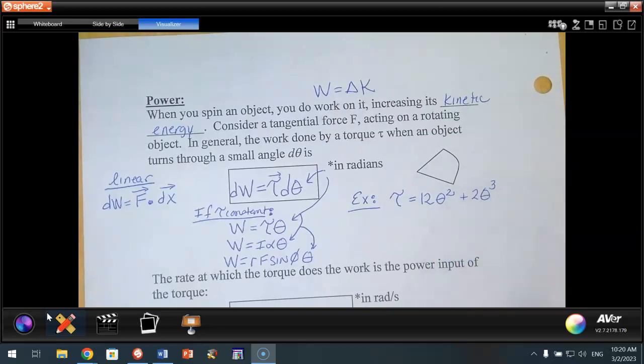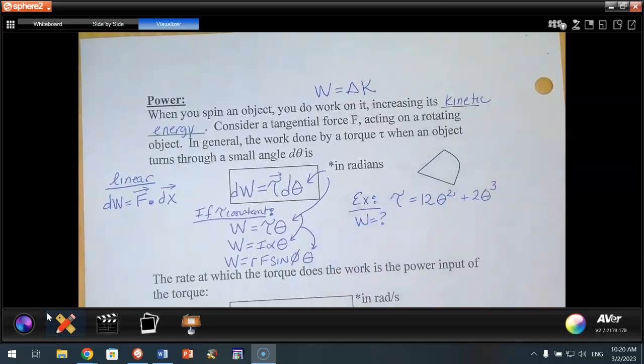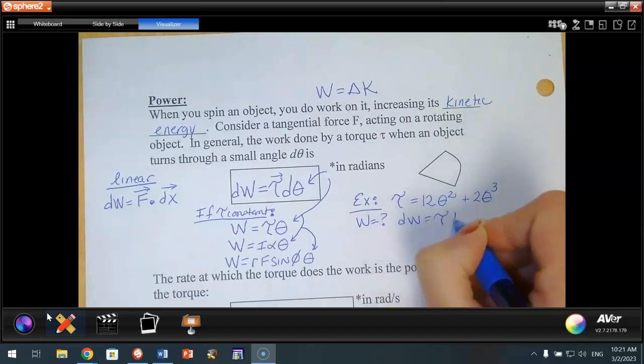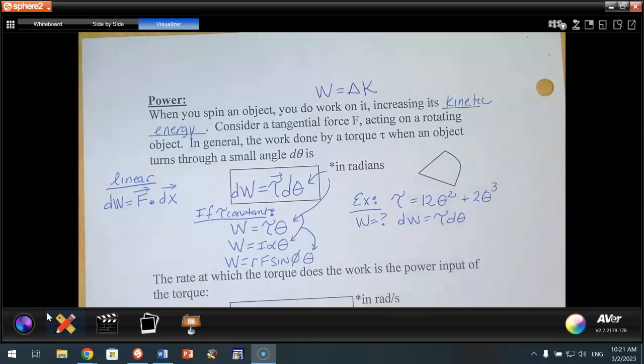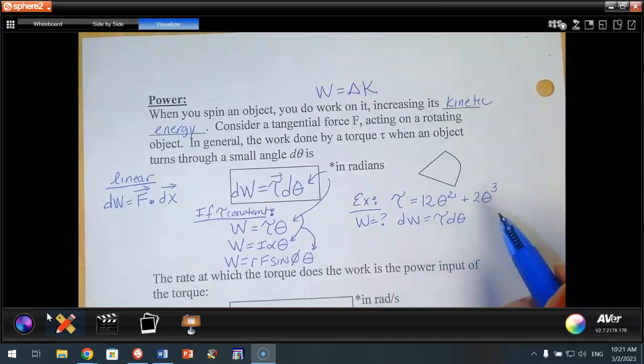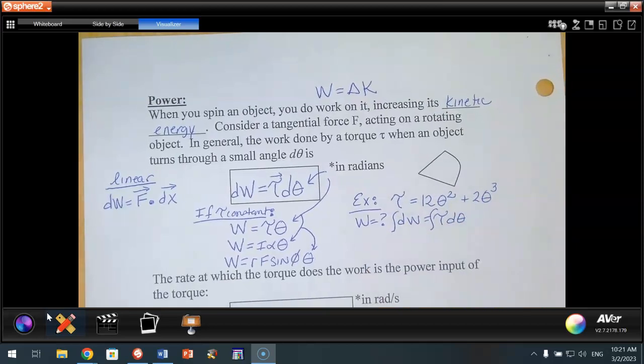Theta is just like t, time, or x. It's what's varying, the angle. And if I needed to find the work, I would start by writing dW equals torque d theta. I know that this torque varies as the angle varies, and so in order to find the work, I need to take the antiderivative of both sides.